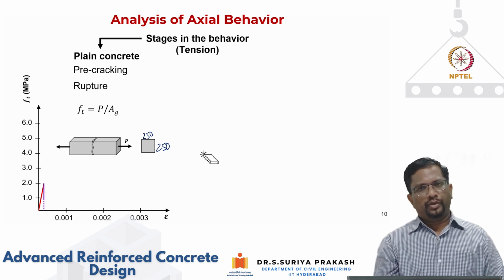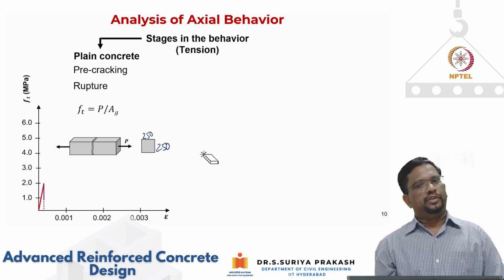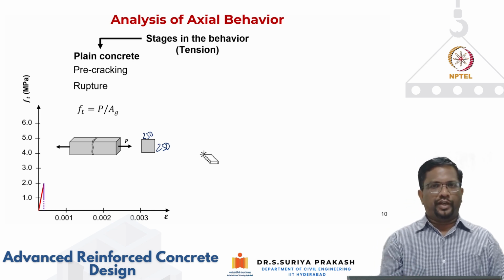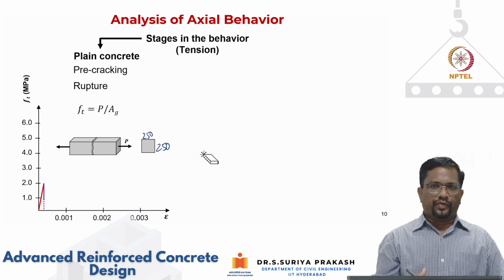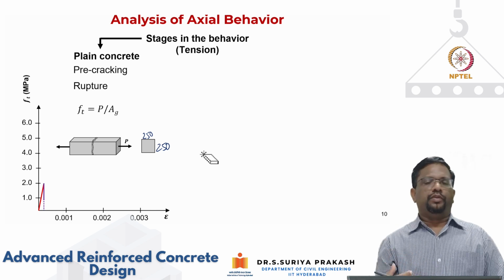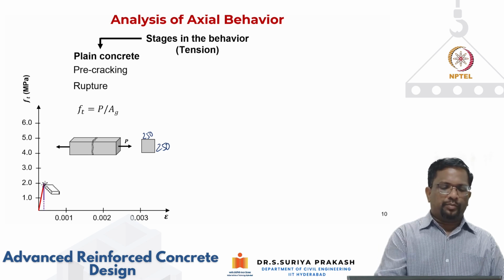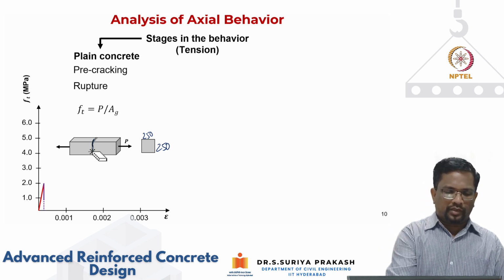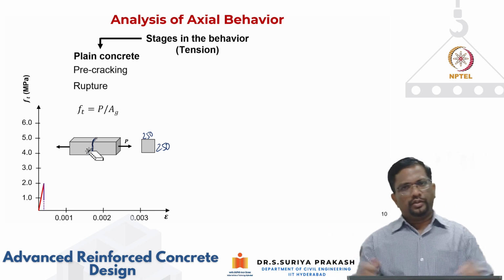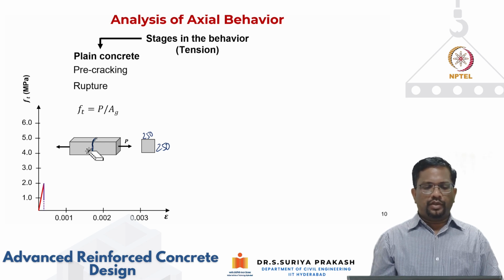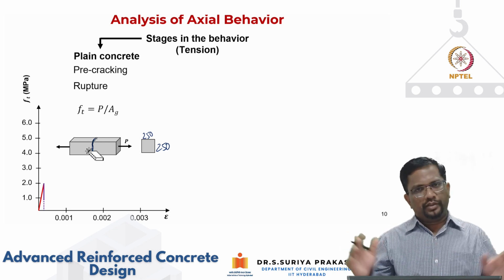P, the applied load, divided by the total cross section, that is 250 by 250, gives me the stress for any load P. When it reaches about 2 megapascal, one big crack will form. That's it. That concrete prism cannot take any more load. So this is your pre-cracking, and then suddenly it is going to rupture.